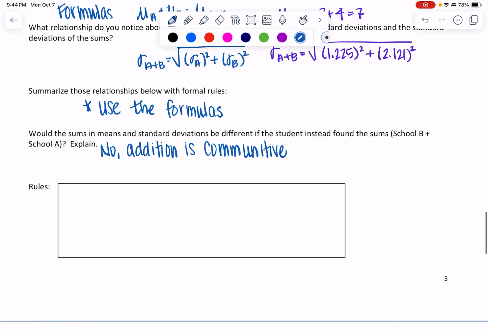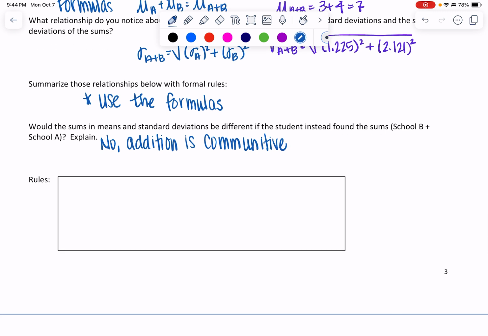Okay, so combining two, we are going to do mu of a plus or minus b is equal to mu of a plus or minus mu of b.